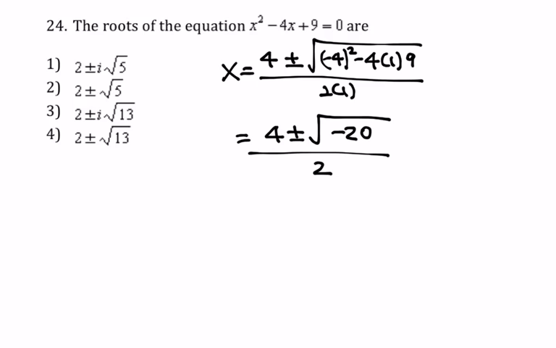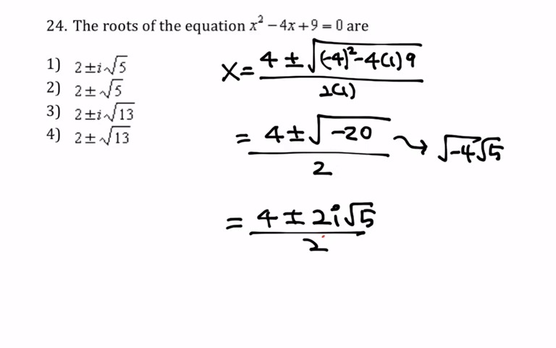Once you simplify the square root of negative 20, it is negative 4 times the square root of 5. So the square root of negative 4 becomes 2i, times the square root of 5. And you can see that 2 is the common factor in all three. So our new answer is 2 plus or minus i square root of 5, which is choice 1.